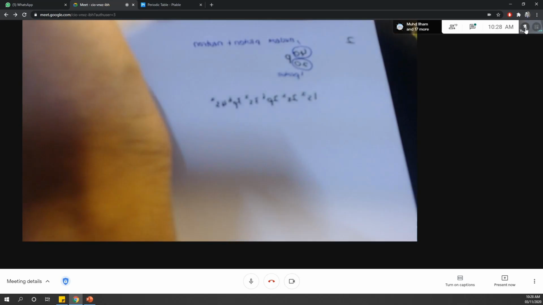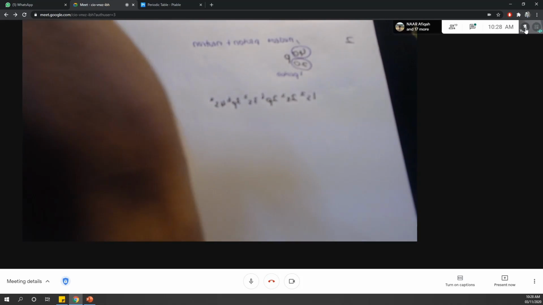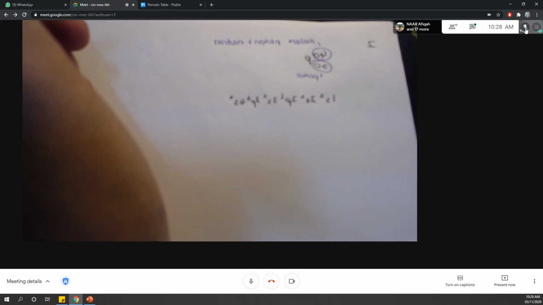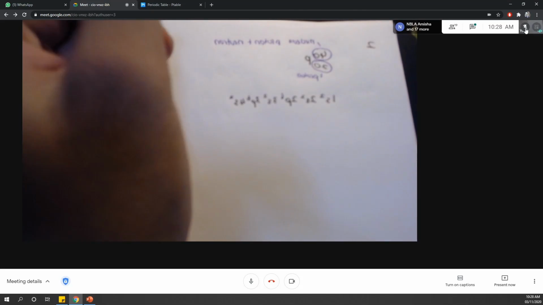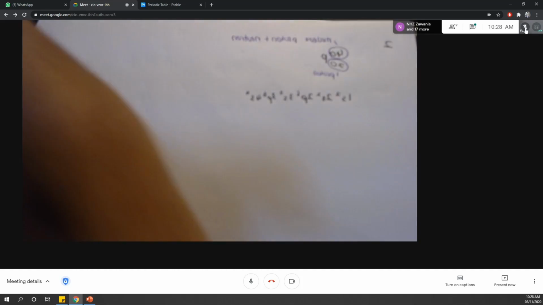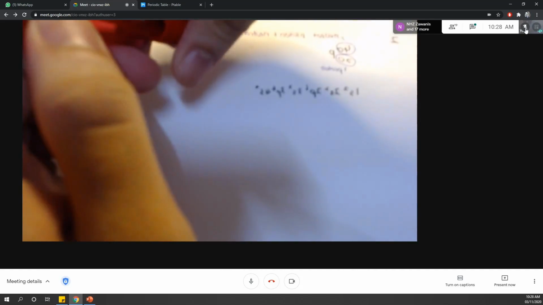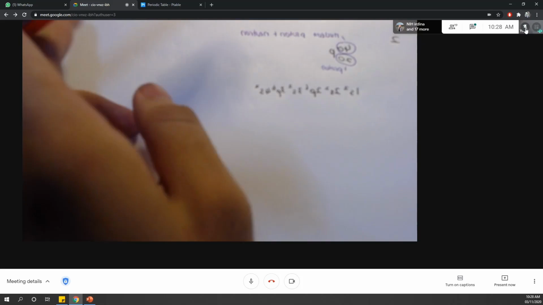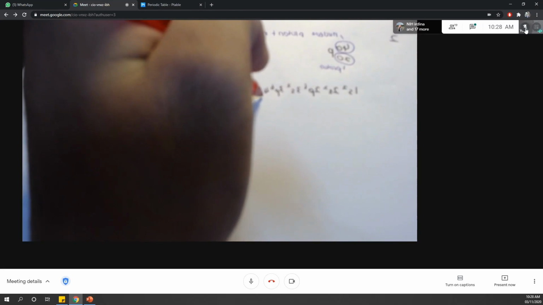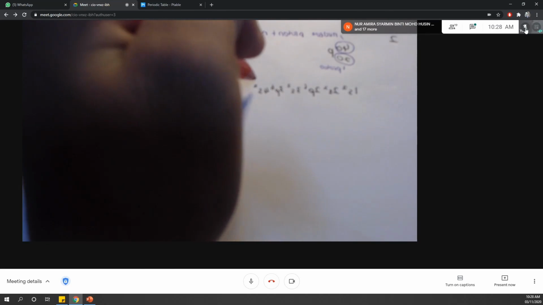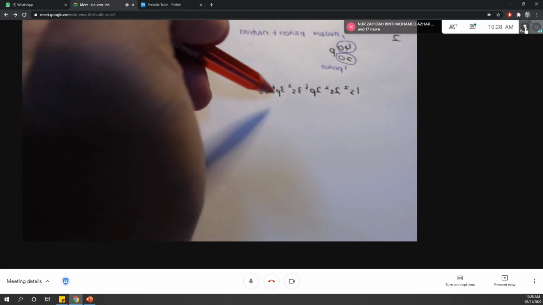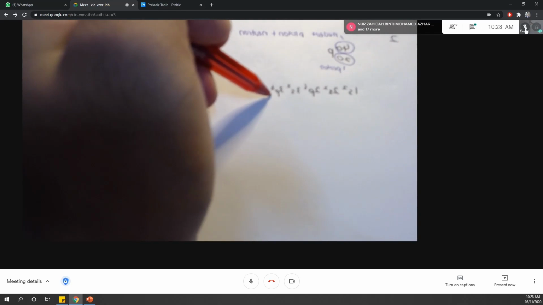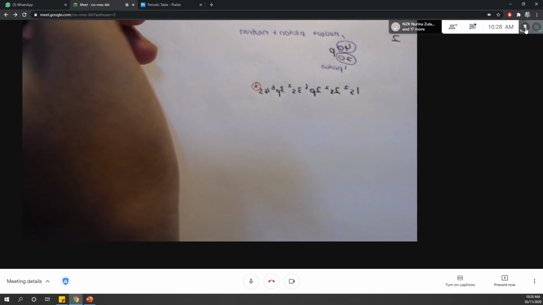So dia tanya group. So group kita dapat daripada valence electron. So tengok the last electron that you fill. Okay, the anomalies cuma untuk d orbital. So awak isi dekat 4S. Ada lagi tak orbital yang sama principal quantum number dengan 4? Tak ada.